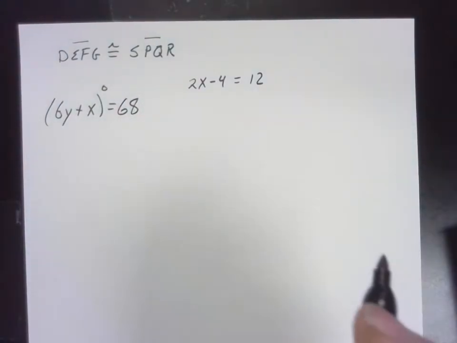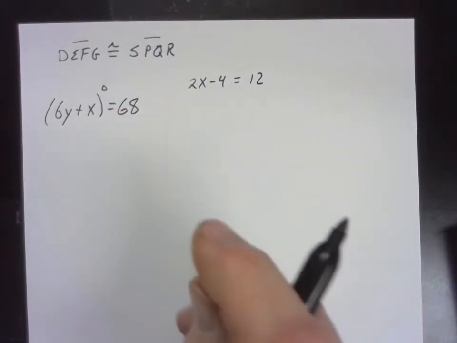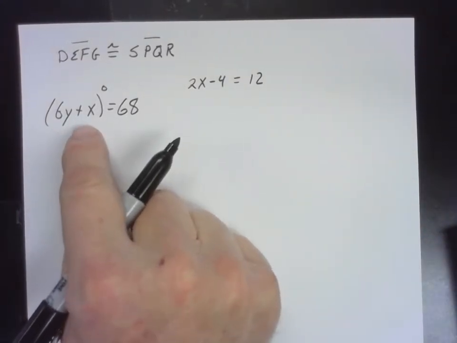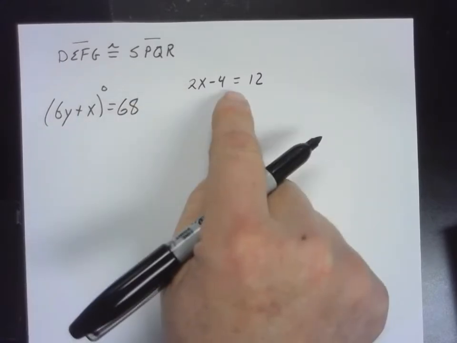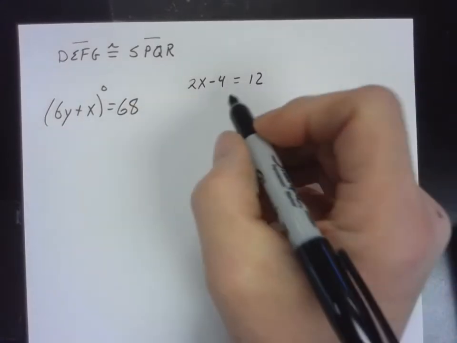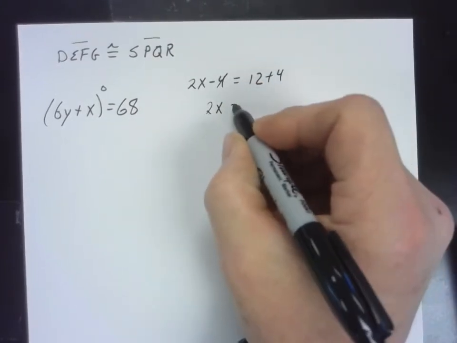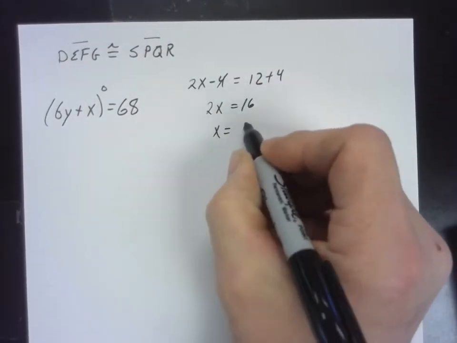Now, you're going to run into this a lot, and this equation, you liking it? Not really. Why not? This equation? Oh yeah, we're good with this one, right? 2x equals 16, x equals 8.